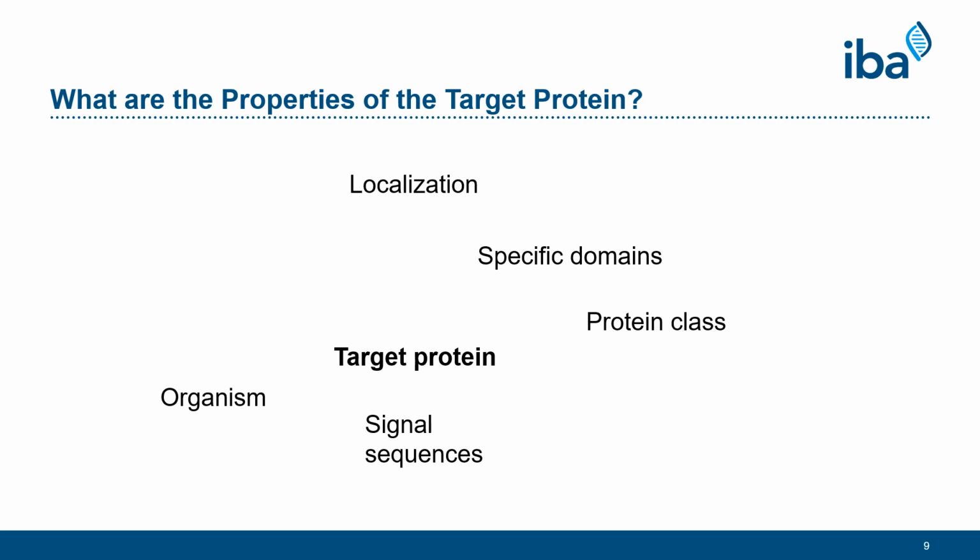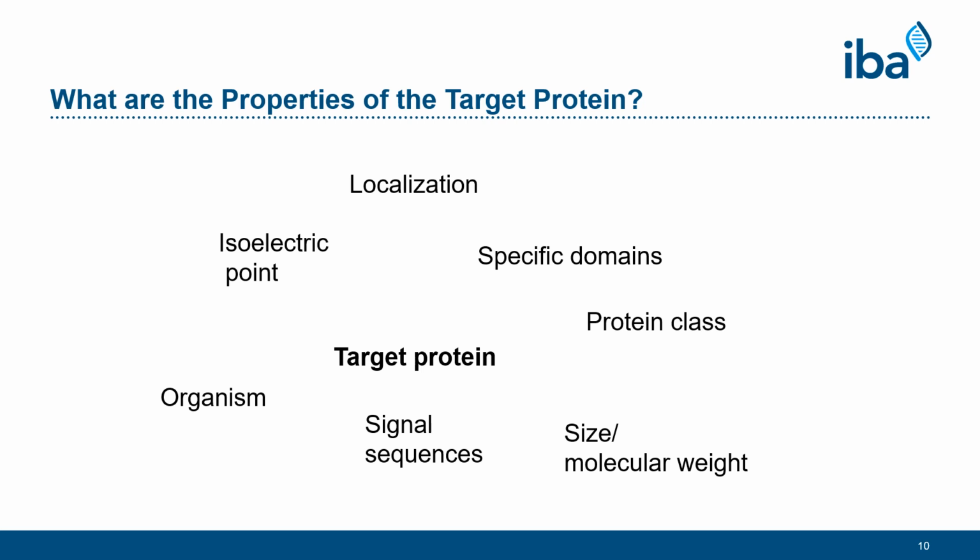Domains and signal sequences can be an indication for a protein class, so if it is a membrane protein, a metalloprotein, or an antibody. And the two last properties I would like to mention are the size or molecular weight and the isoelectric point.